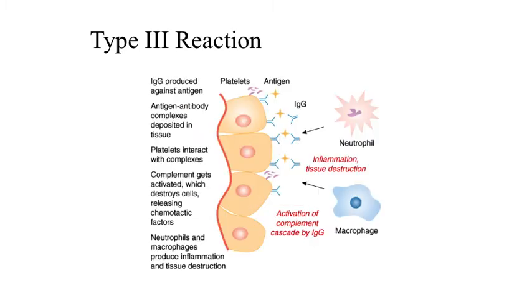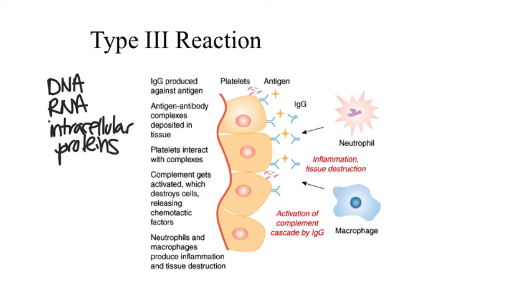The other aspect of lupus pathophysiology is a type 3 hypersensitivity reaction against DNA, RNA, and other intracellular proteins. In this case, IgG or autoantibodies are produced against these protein or DNA antigens.